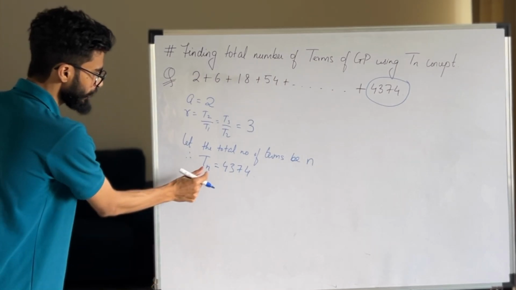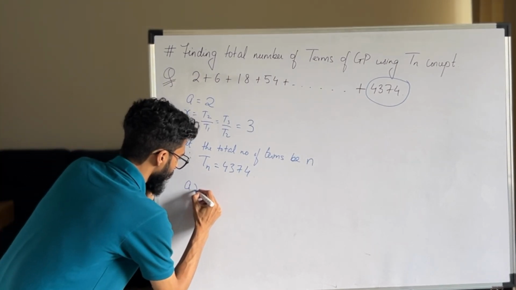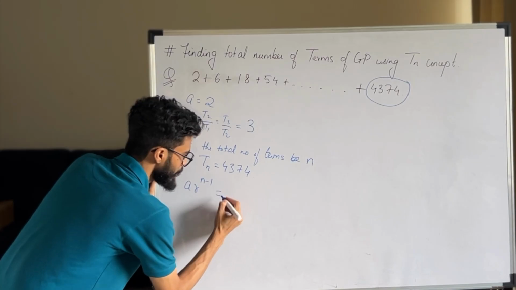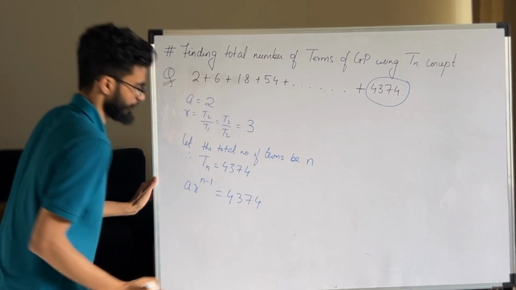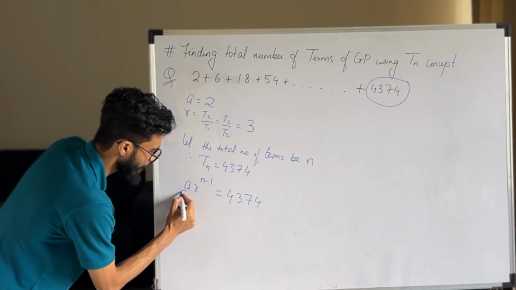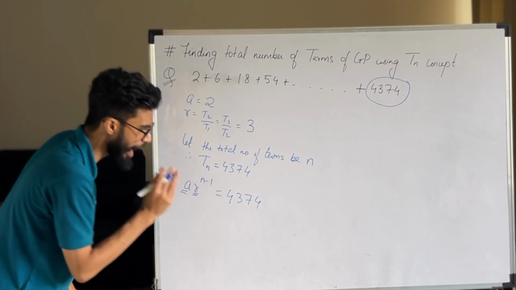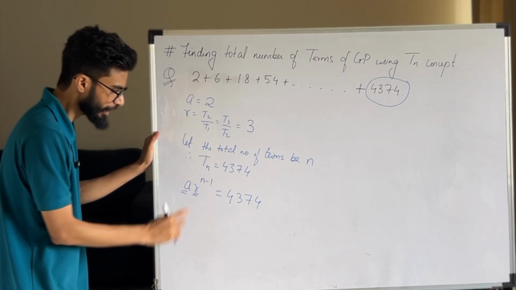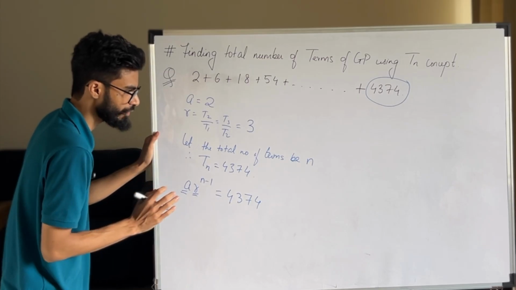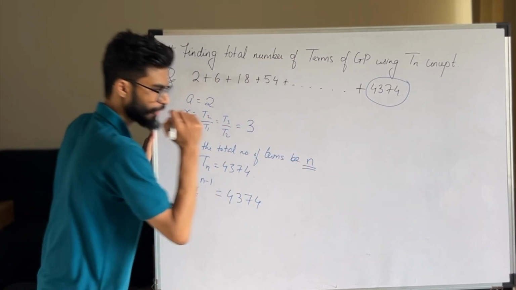Now value of Tn is A r raised to n minus 1 is equal to 4374. I will put my value of A, I will put my value of R. It will be an equation in n. Whatever is my n value will be my total number of terms.